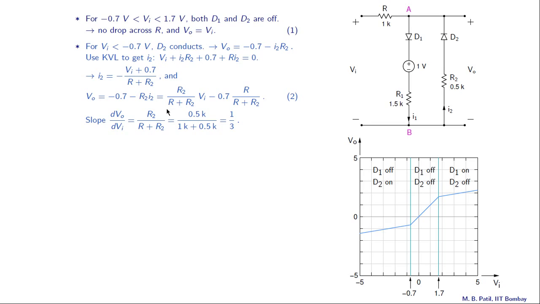R2 is 0.5k, R is 1k, so therefore the slope turns out to be 1 over 3. Let us look at the plot now. We are talking about Vi less than minus 0.7 volts, this region here. D2 is on, D1 is off, and we have a straight line describing Vo versus Vi, and that line has a slope of 1 over 3.